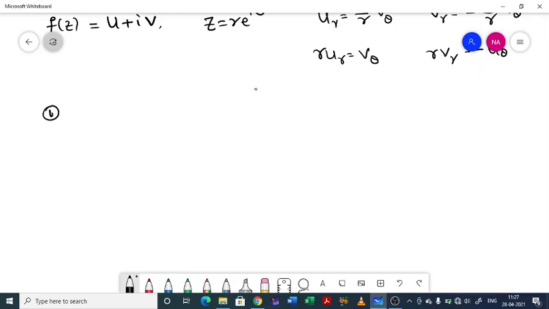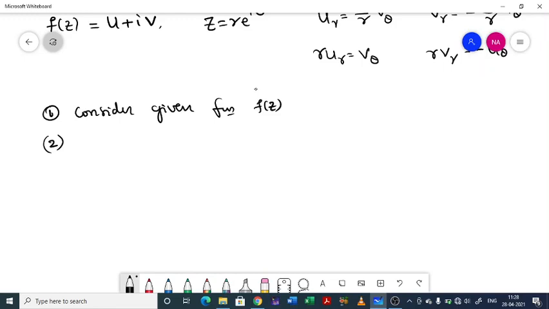First step, consider the given function f of z. Then check whether the function is analytic or not. The formula I am going to give here works only for an analytic function.